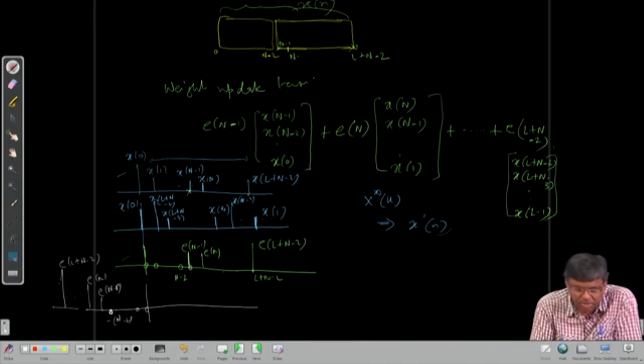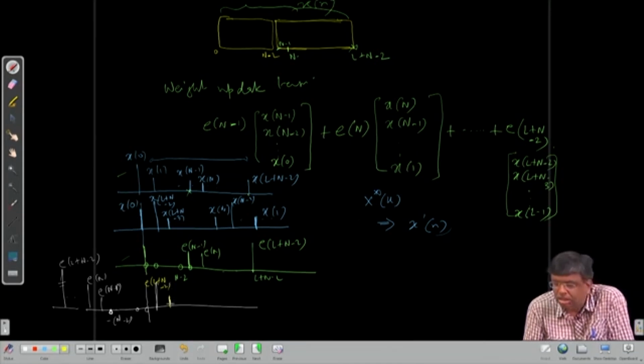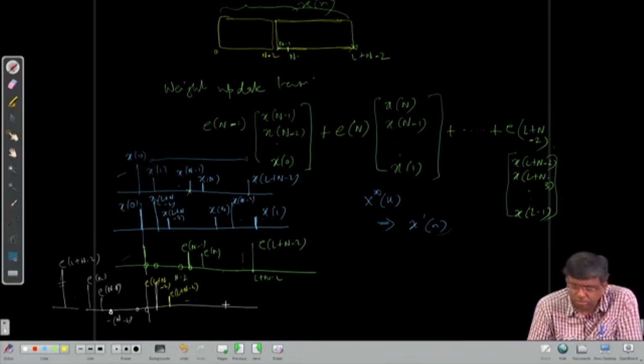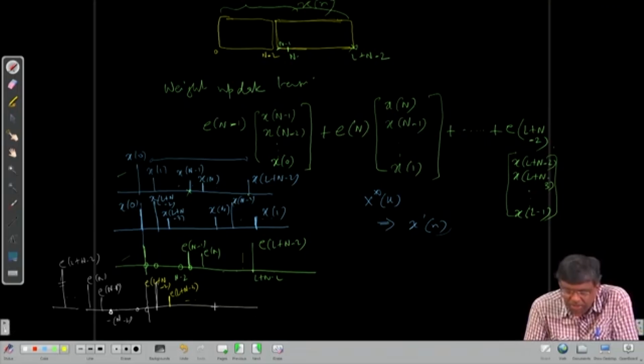Again here the same E will come, then next will be E of L, before this whatever was L plus n minus 3, dot dot dot, and after some time the remaining zeros.